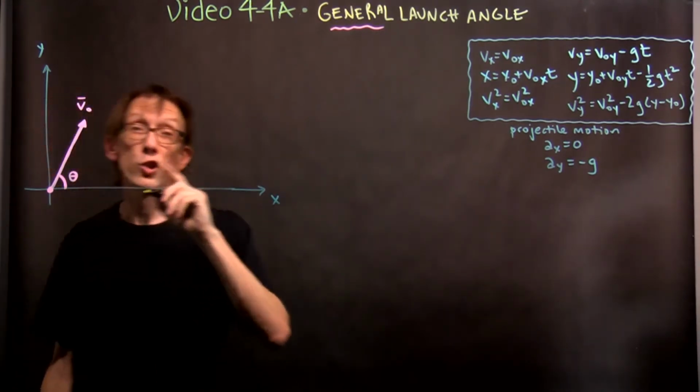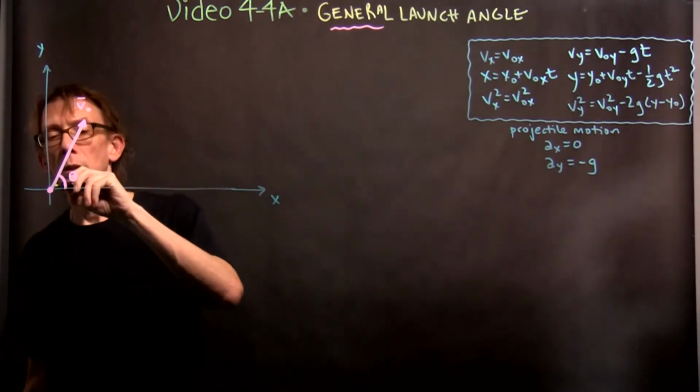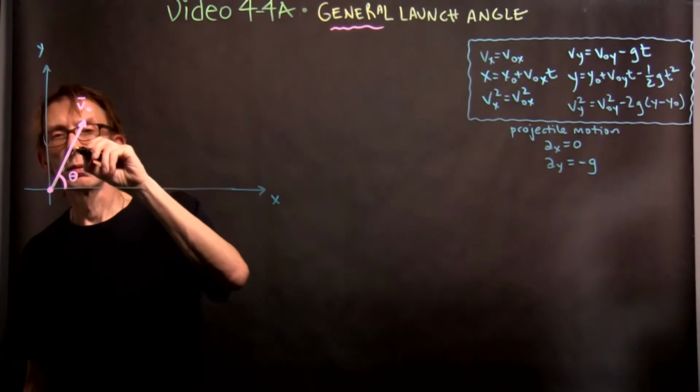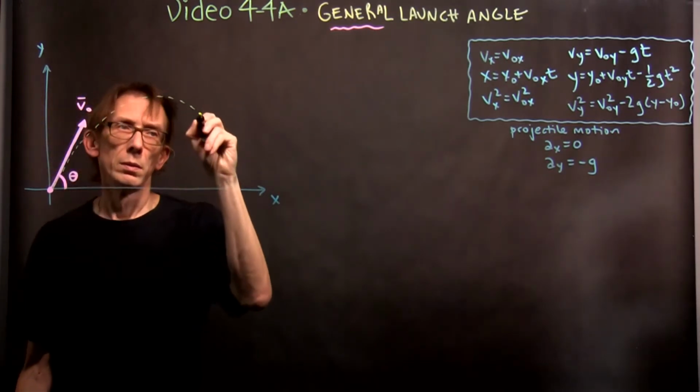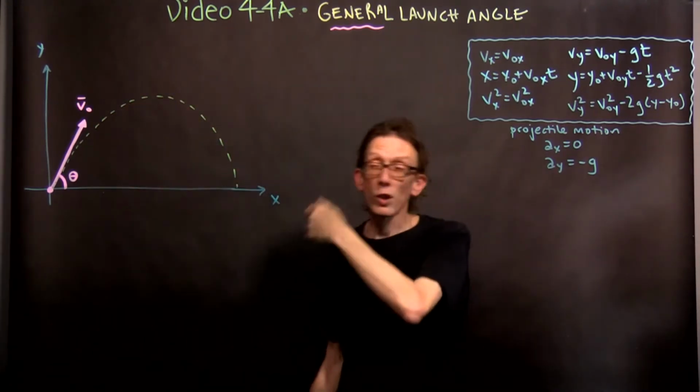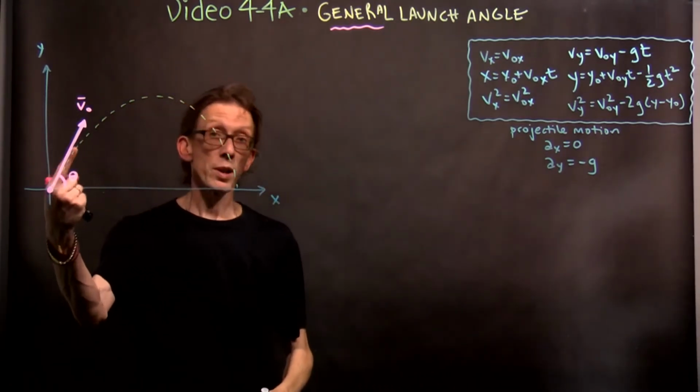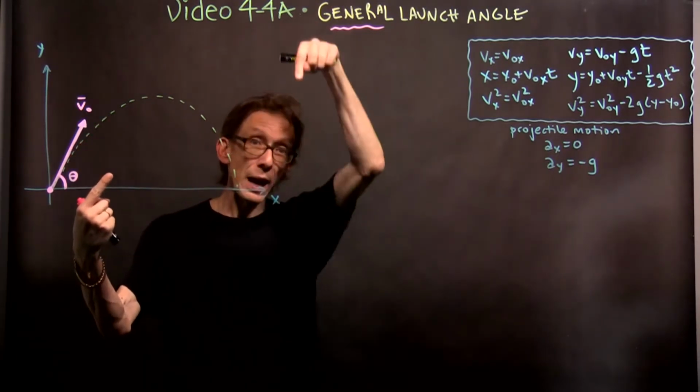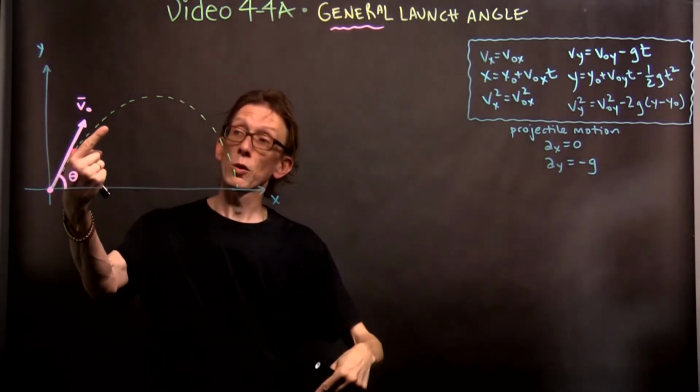So the trajectory of the ball might be something like this. Okay? The initial velocity was this way, but as soon as the ball left the bat, gravity began working down on it, so gravity made it curve.